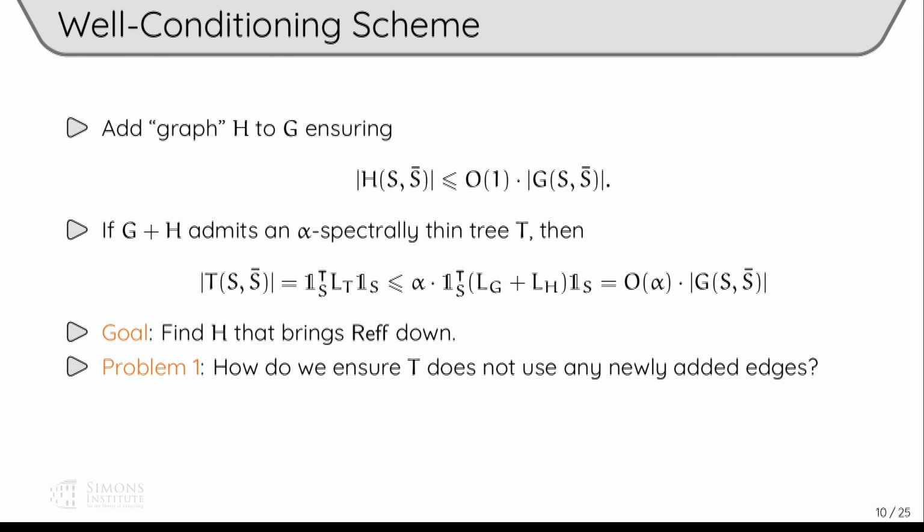That's one obvious problem. The other problem is, going back to your question, verifying whether such an H is not blowing up the sizes of the cuts is actually a computationally hard problem, right? How do we deal with that?